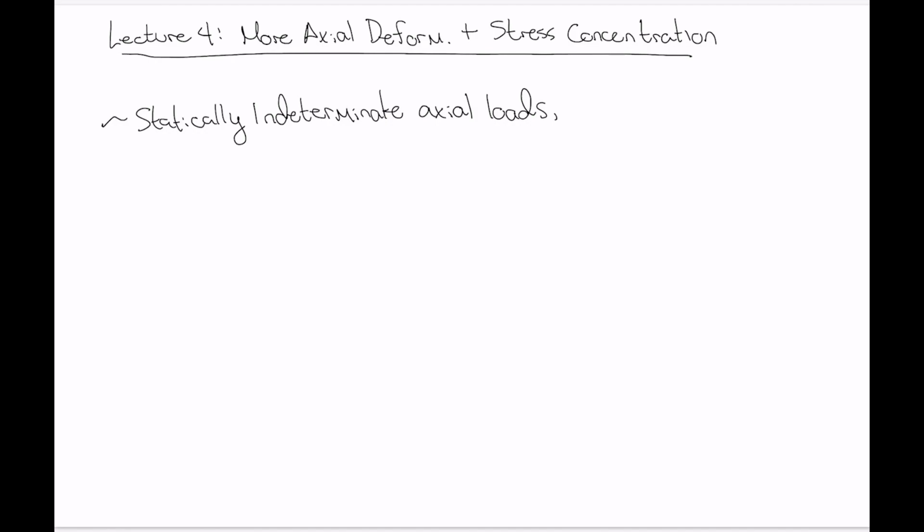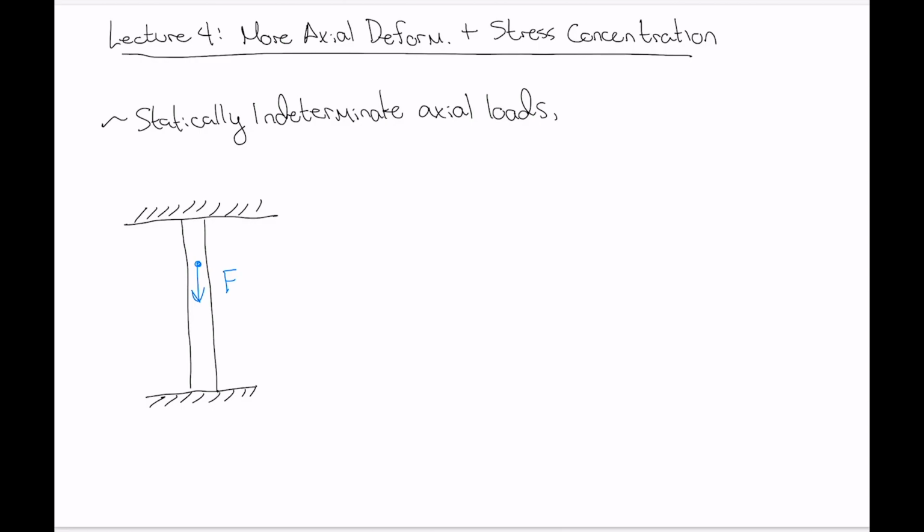Okay, so let's say we have a situation like this, where we have a bar that is fixed between two supports like this, and a load F is being applied.